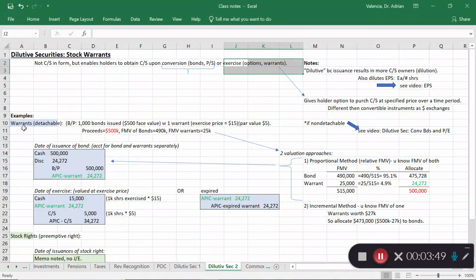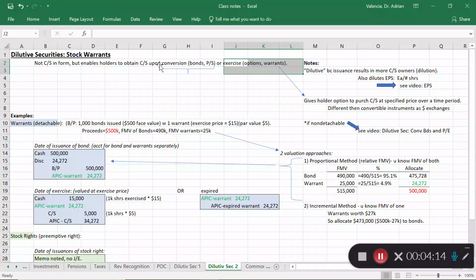Let's look at the first one here on warrants. In this discussion, I'm going to assume that these are detachable warrants. What I mean by that is, if you recall, when we did the convertible bonds and preferred stock, that option to convert to stock was ingrained or part of the bond itself.